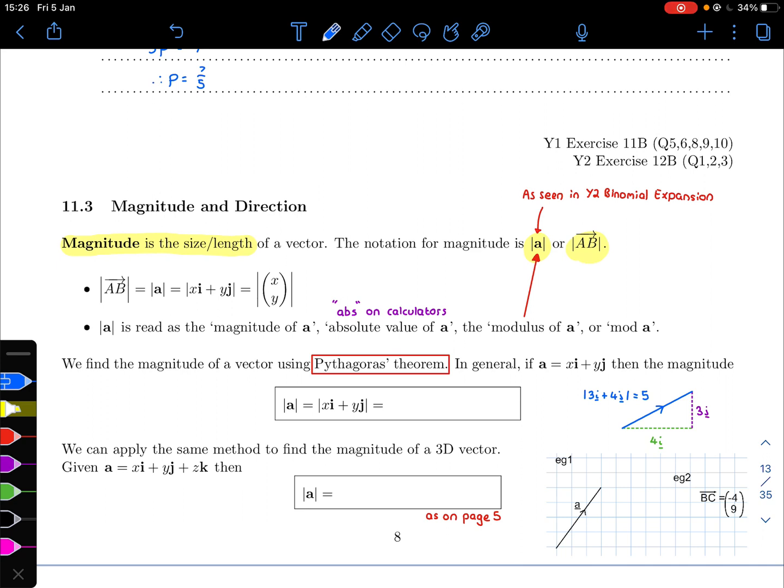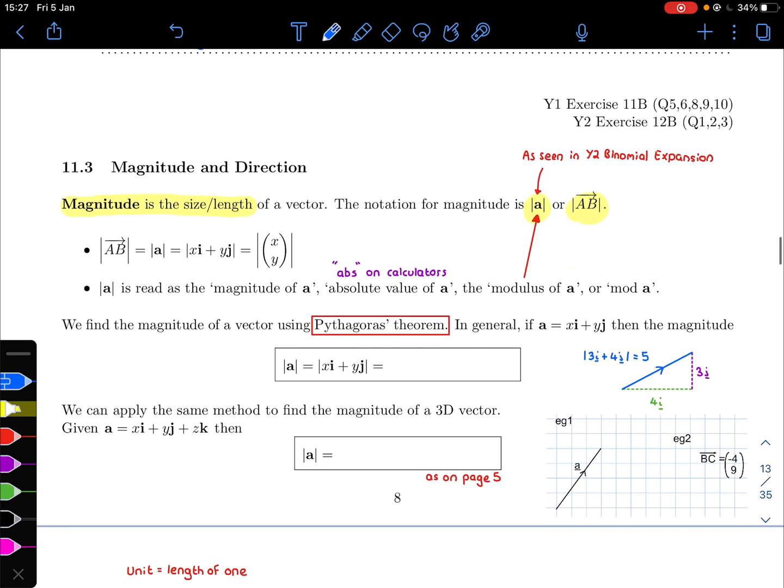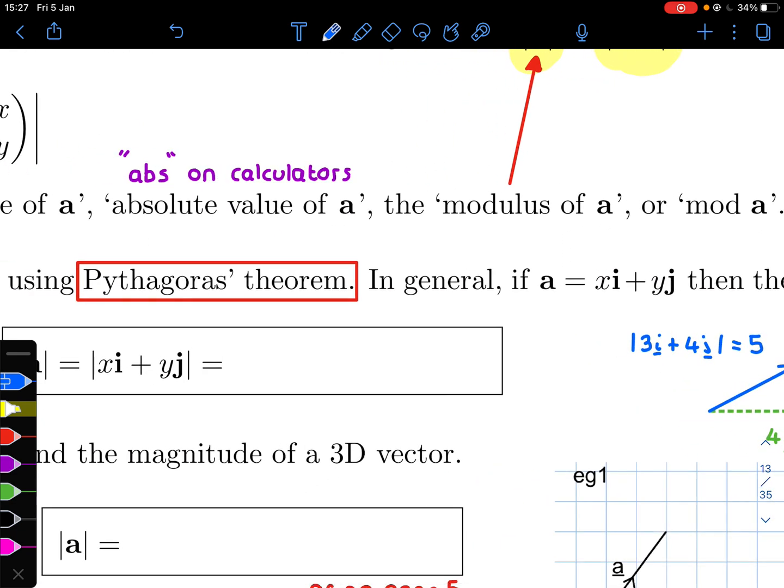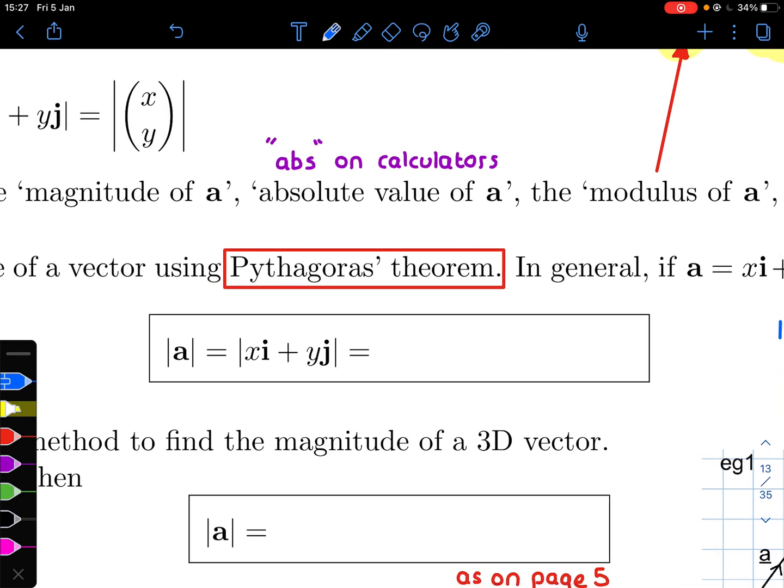And we've seen in previous videos that to find the magnitude, we're just using Pythagoras, whether it's in 2D or 3D. It's just applying Pythagoras. So if we've got the vector xi plus yj, then the magnitude, the length of that vector, is just applying Pythagoras to it. It's the square root of the x component squared plus the y component squared.